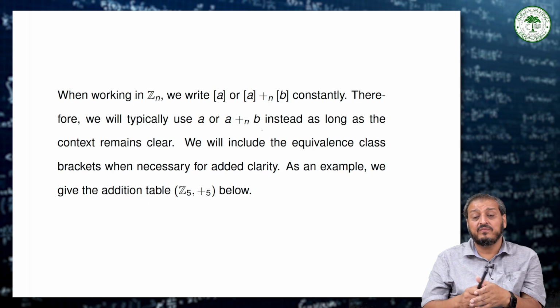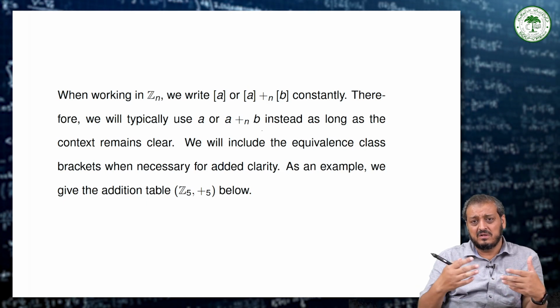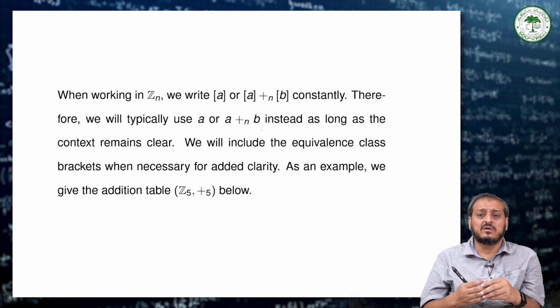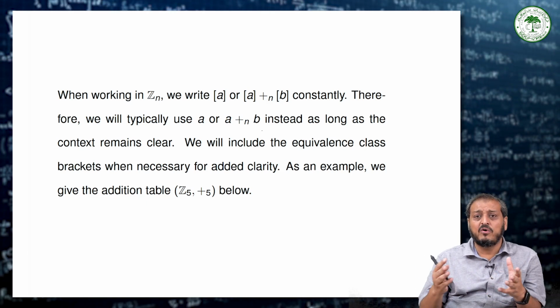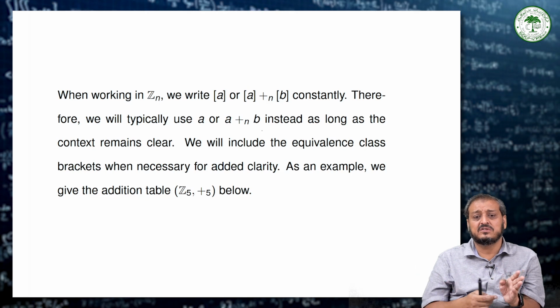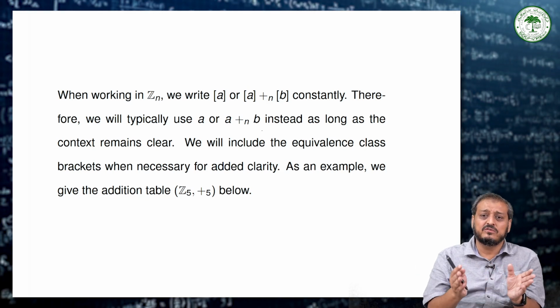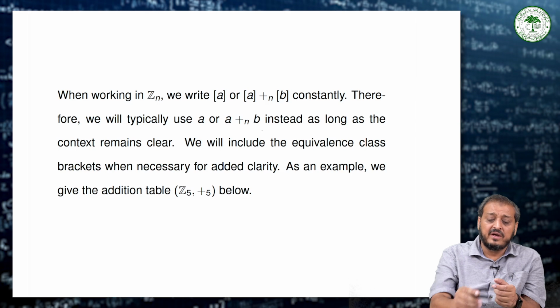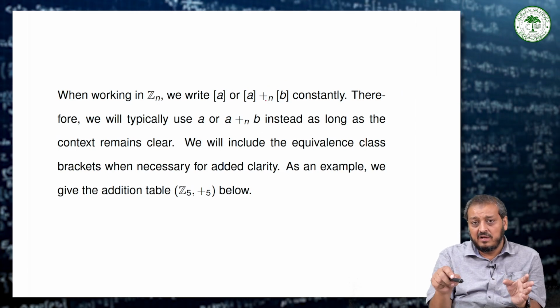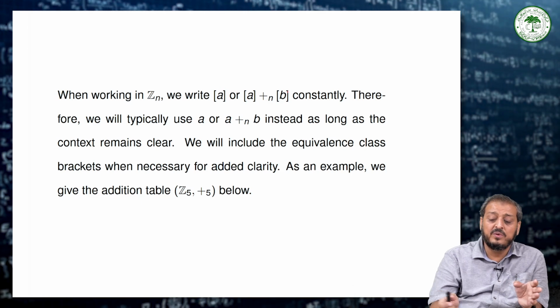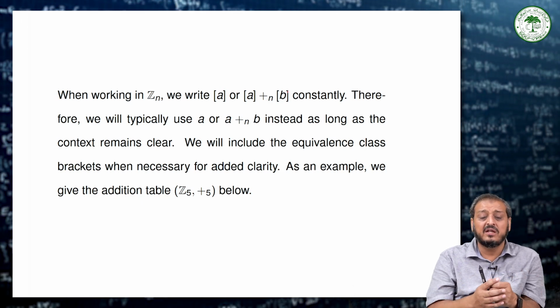When we work, most of the time we work with addition modulo and the equivalence classes. So I just write the bracket A, and A bracket A, under addition modulo B constantly.